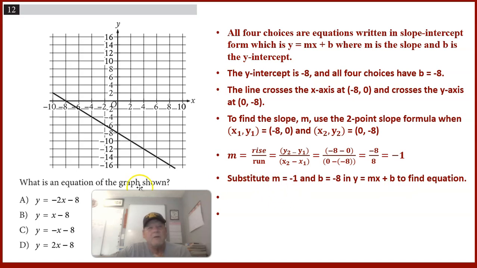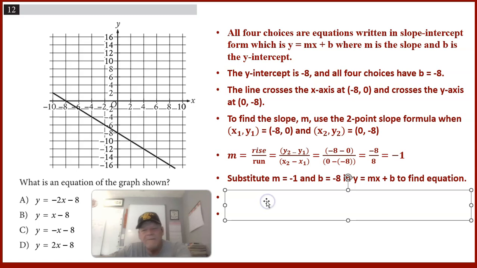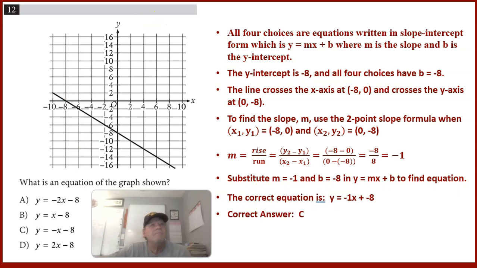So looks like that would be choice C. Because remember, negative 1 times x is negative x. Plus a negative 8 would be minus 8. And that would be choice C. All right.